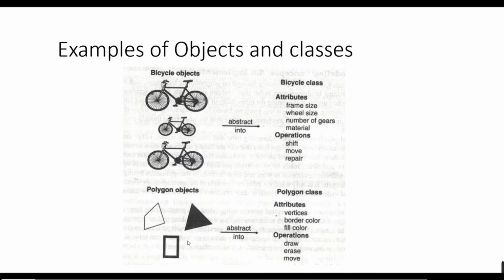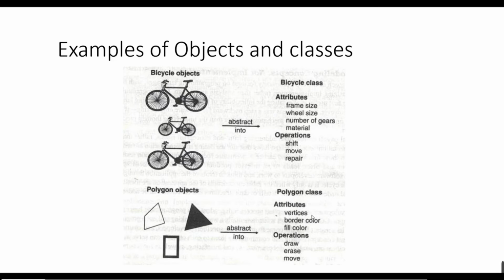For example, we can draw a rectangle, we can draw a triangle, and there are different polygon objects. But if we want to manage them in a software, we need to abstract them into a polygon class, and we find 3 important attributes to this software for the polygon class.